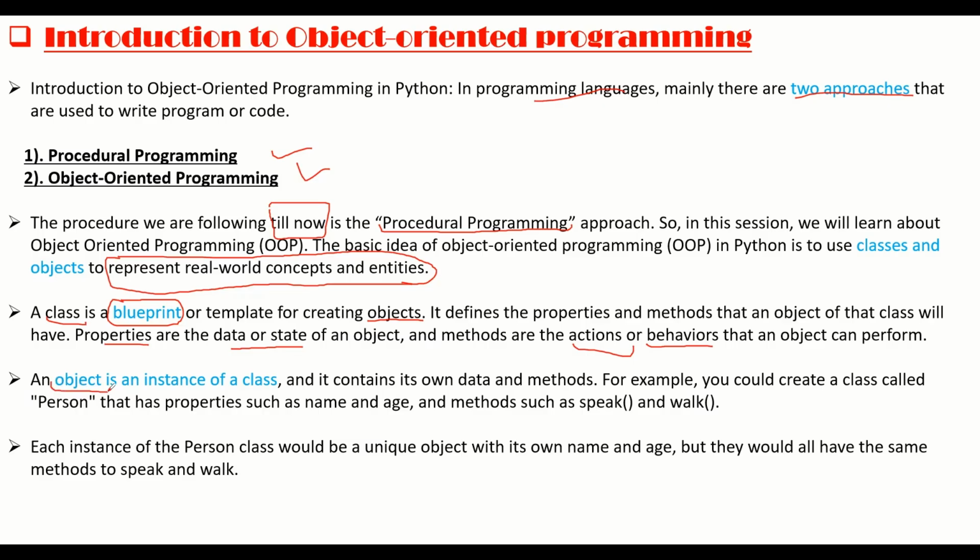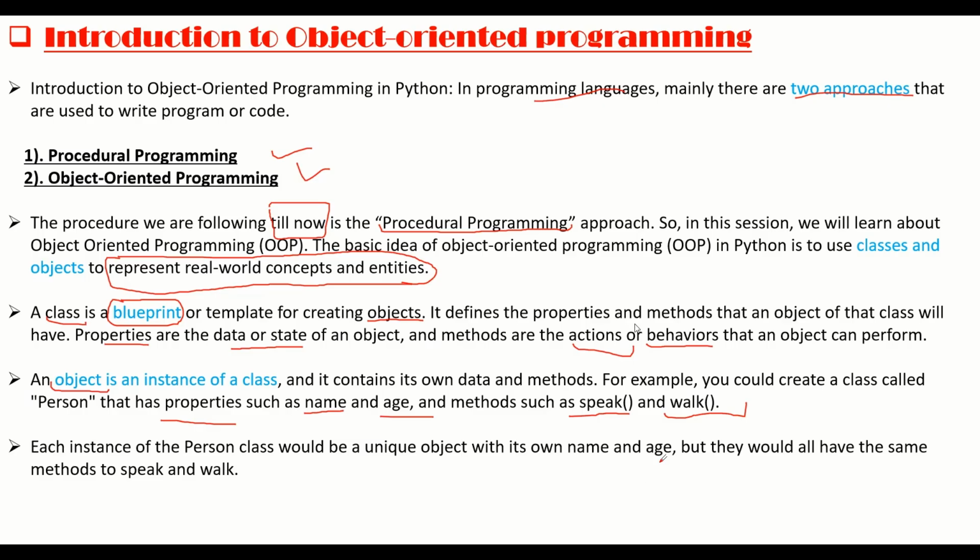Similarly, an object is an instance of a class and it contains its own data and methods. For example, you could create a class called person that has properties such as name and age, and methods such as the person can speak and the person can walk.